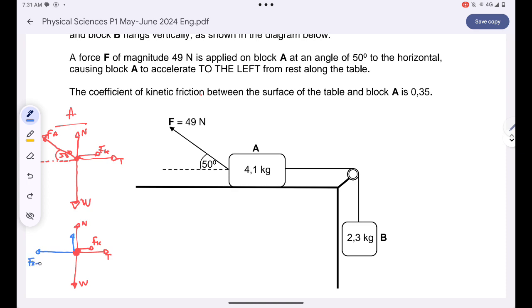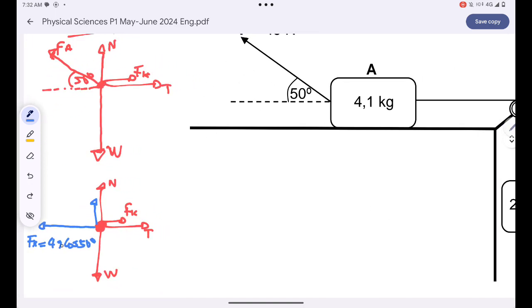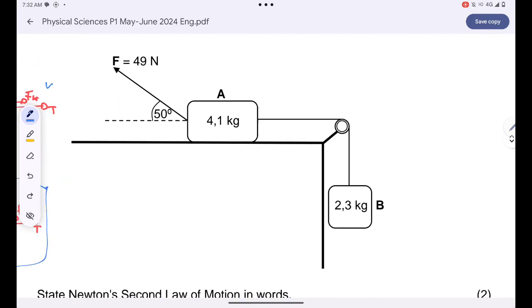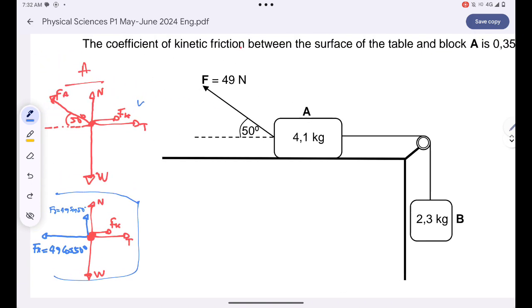The horizontal component is always the magnitude of the force, which is 49 cos 50 degrees, and the magnitude of the vertical component Fy is just 49 sine 50 degrees. Alright, together. You can draw your free body diagram like this, or draw the one that has the components, né?